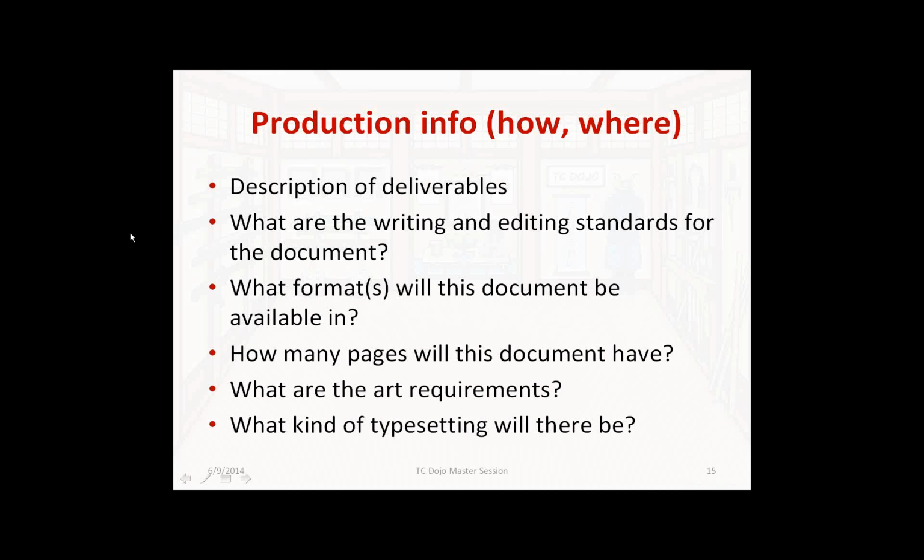Production info, the how and the where, and a little bit of what. Description of deliverables. This is something that is so easy to overlook when you're putting together a documentation plan, saying we will be delivering the following pieces, but it's vital to have this written down, because if you don't say we're creating a PDF version of a manual that will be printable, and you get 3 weeks from your delivery date, and they say, what about the online help?